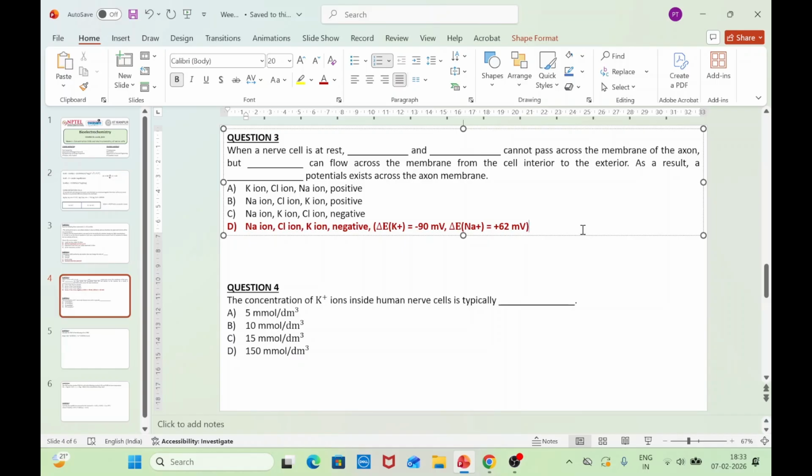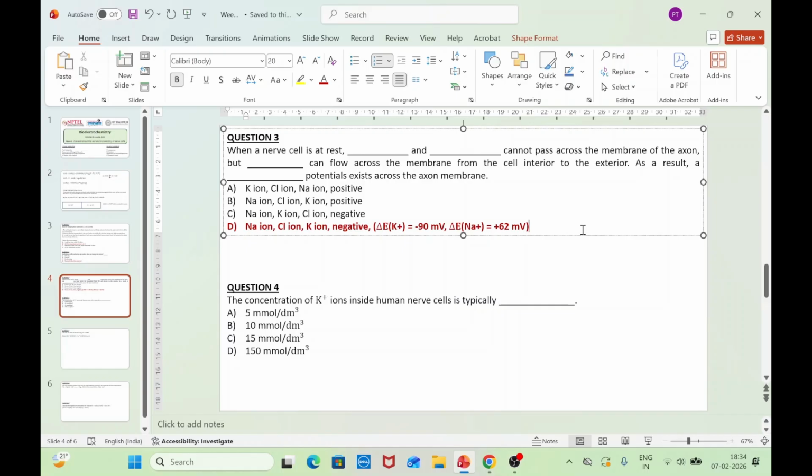So now my question is, why is it that when a nerve cell is at rest, the sodium ions cannot pass through? It is totally acceptable that the axon membrane is a semi-permeable membrane and does not allow the diffusion of the Cl minus ions. But what about Na plus ions?